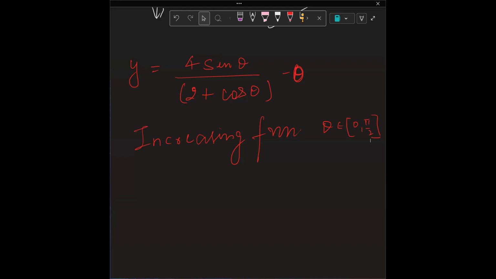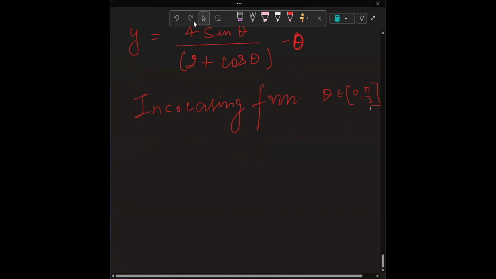So this function is decreasing and increasing for. Just match your answers, okay? Is everyone done? You need to prove this is increasing in this, right? All right.